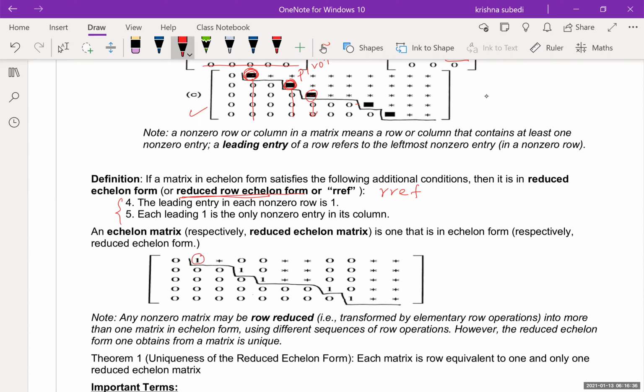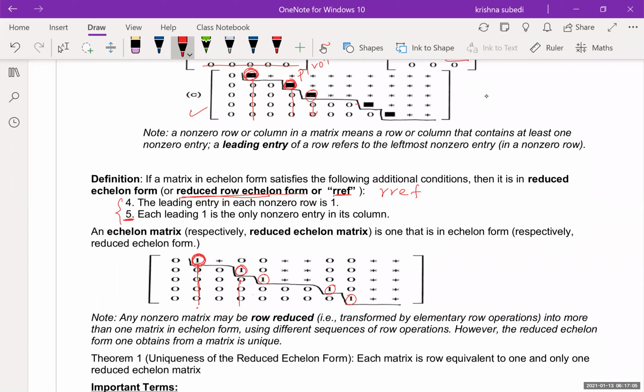For example, here in the earlier case, we could have any number. But if you want to change it into rref form, then it must be 1. All of these pivot positions must be 1. And look at property number 5. What we said earlier in echelon form is anything below the leading entry is 0.